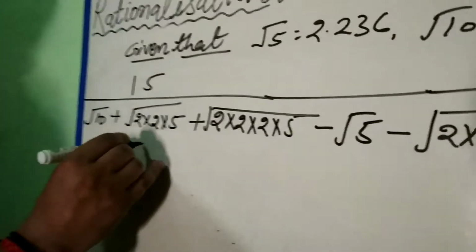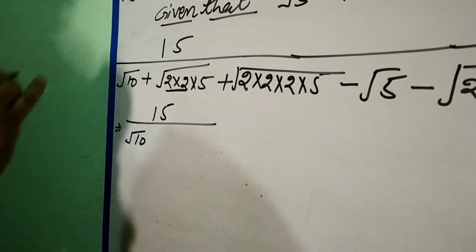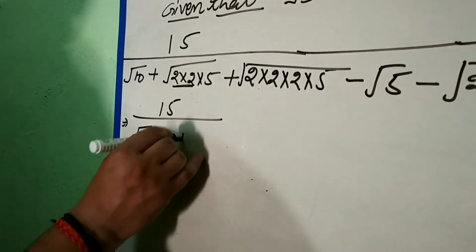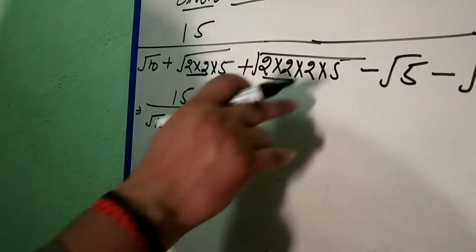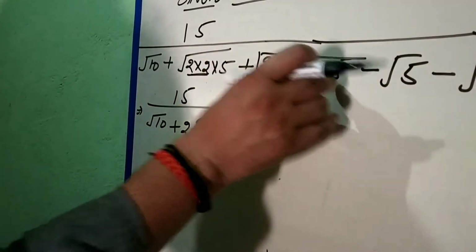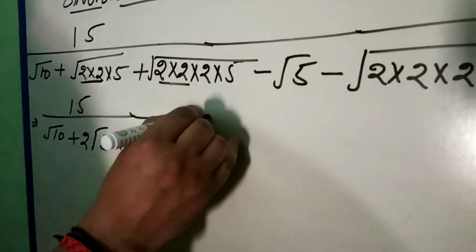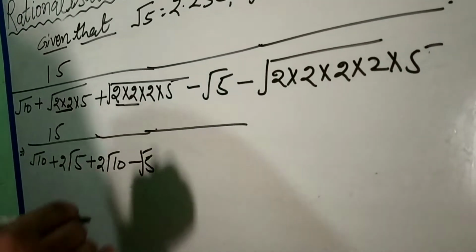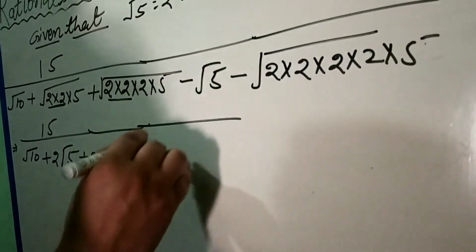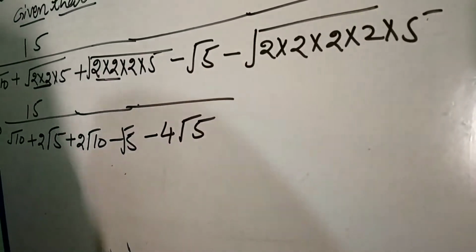So after this you observe that in root 20, a 2 could be taken out, that could be written as 2 root 5. Here also a 2 could be taken out from root 40, so that can be written as 2 root 10, then minus root 5, and this could be written as 4 root 5 with a minus sign.